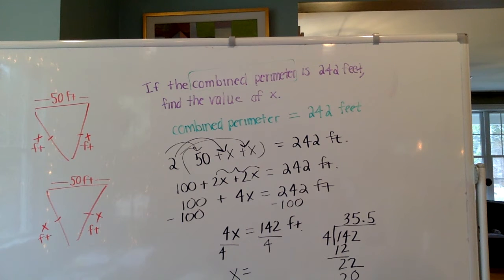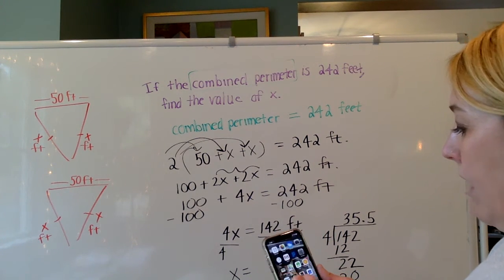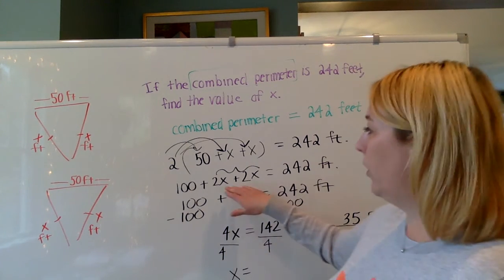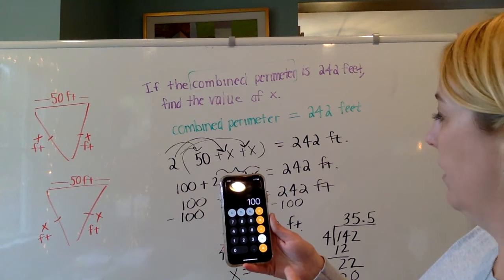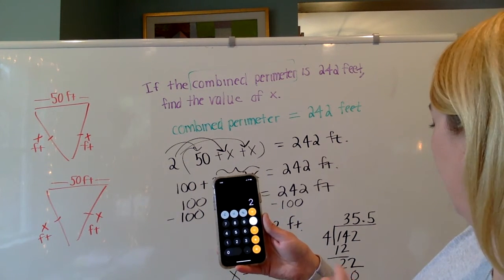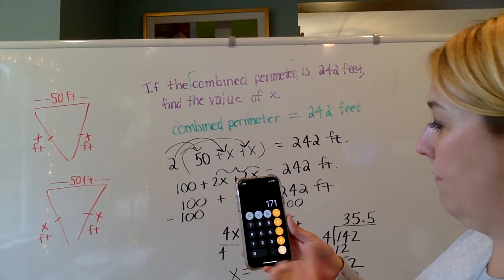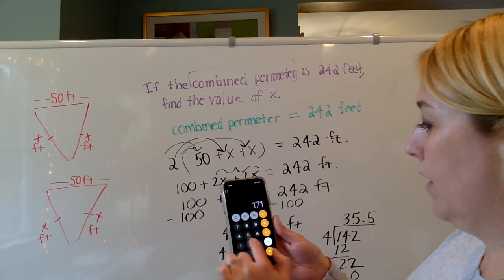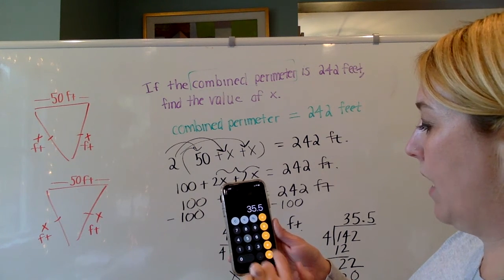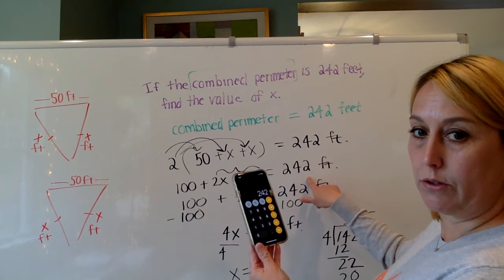So now let's check if we did it correctly. How can I check? Well, I'm going to plug in my values. I will use the expanded version here. So 100 plus 2 times 35.5 equals 171, plus 2 times 35.5 is equal to 242, and 242 is equal to 242.